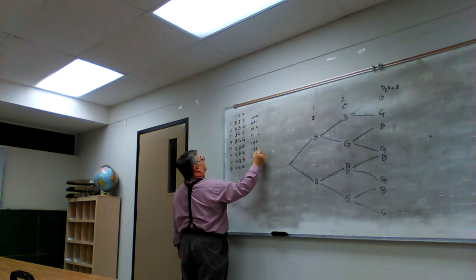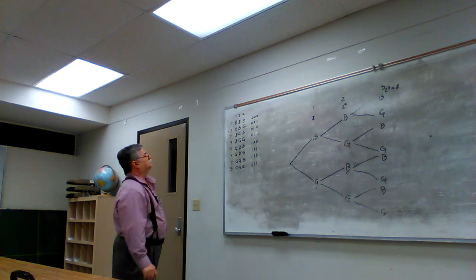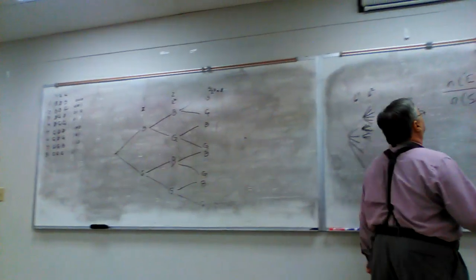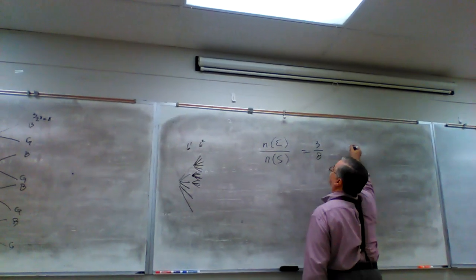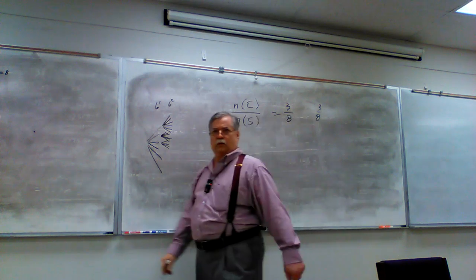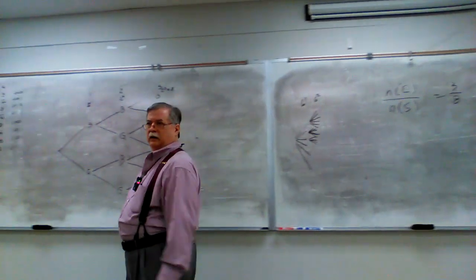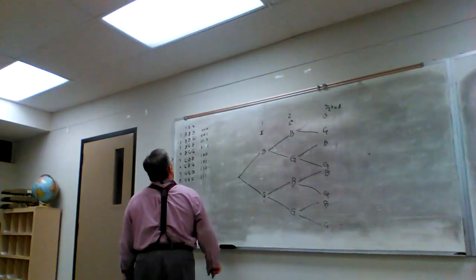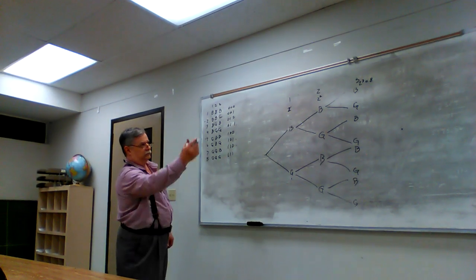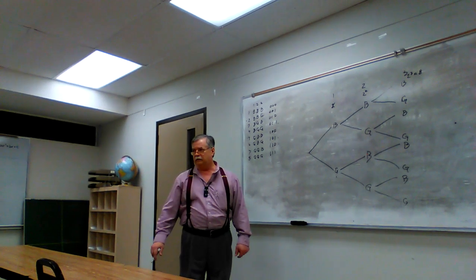1, 2, and 3. So there. Chances of having 2 boys and 1 girl. What are the chances of having 1 boy and 2 girls? Well, we've already calculated that.